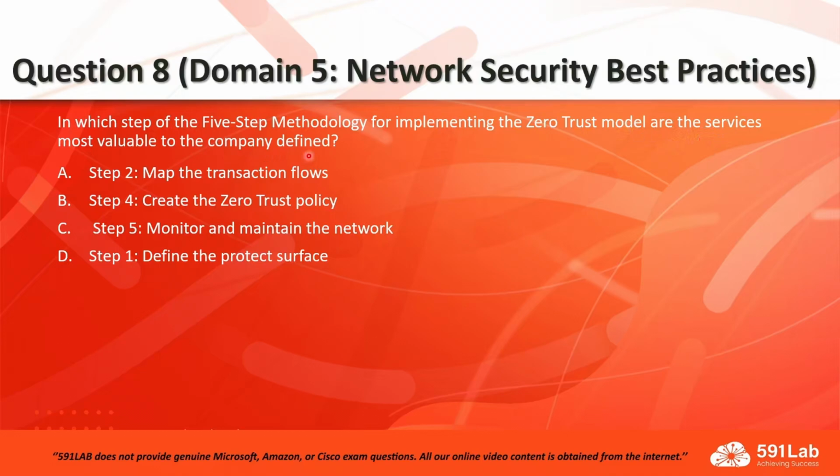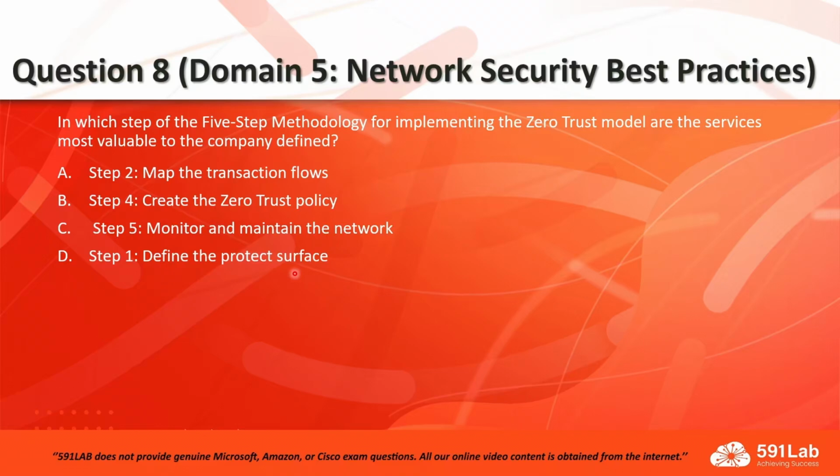The options are as follows. A. Step 2. Map the transaction flows. Or B. Step 4. Create the Zero Trust policy. Or C. Step 5. Monitor and maintain the networks. Or D. Step 1. Define the protect surface.